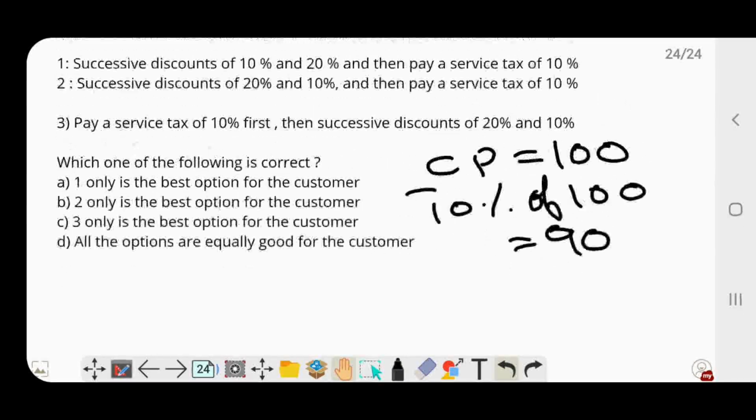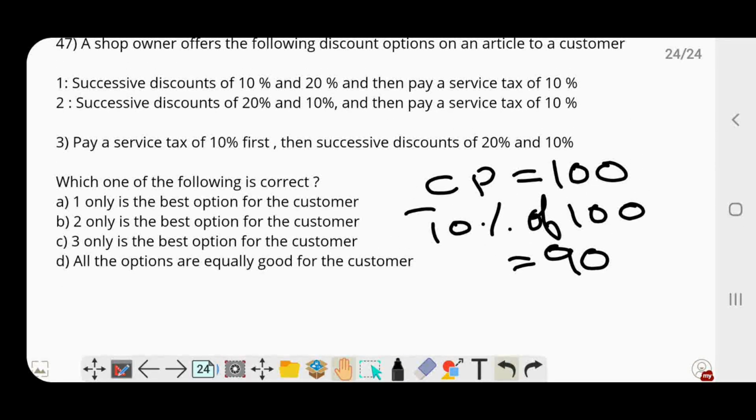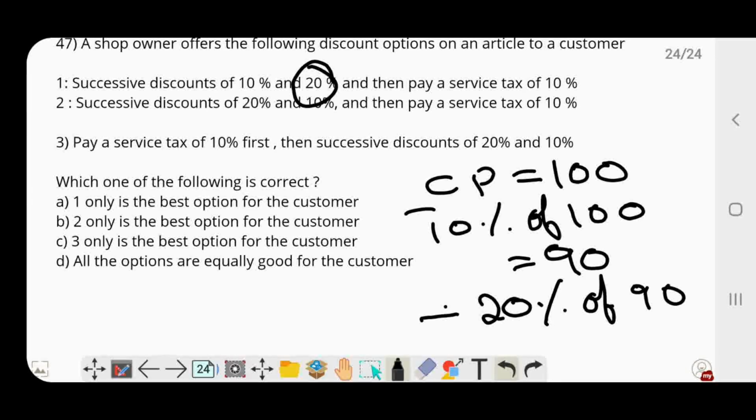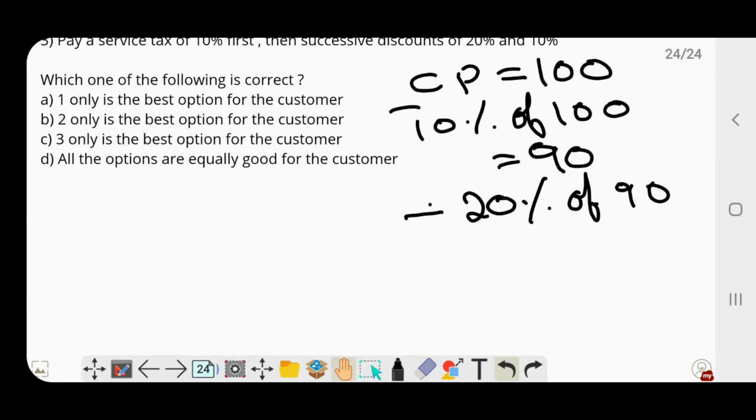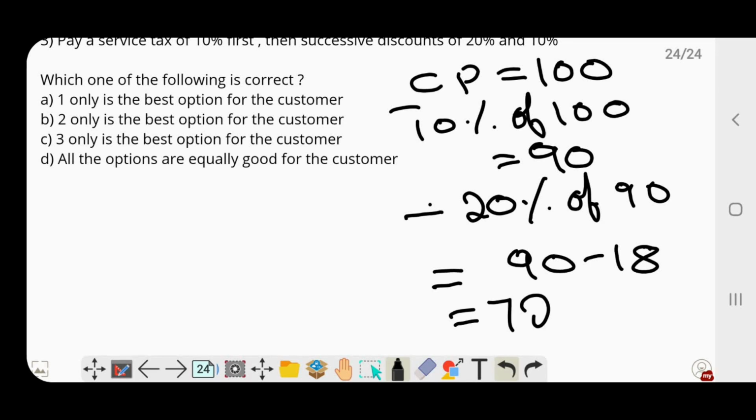After which I will deduct 20%, and this will be 20% of 90, which is nothing but 18 rupees. So 90 minus 18, we'll end up at 72 rupees.